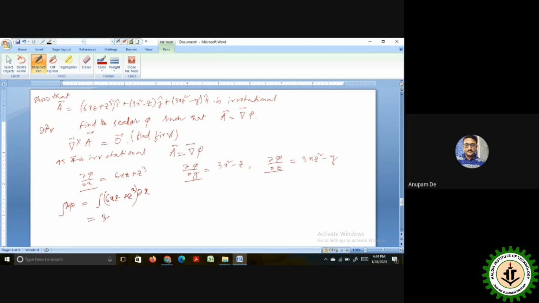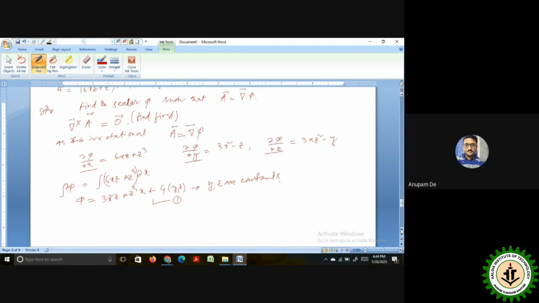Thrice x square z plus z cube x plus some c1 of yz, and you will write here y and z are constants. Got it? So phi equal to this. Suppose this is 1.